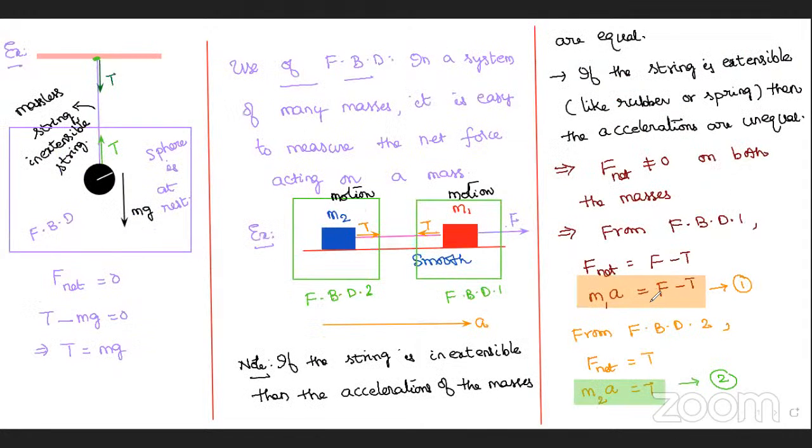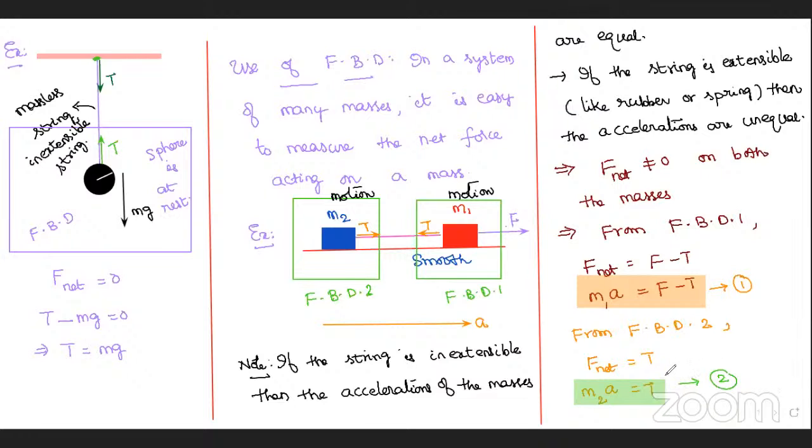What is the tension? Out of these 2, I can easily find the tension from the second equation. Why? Because straight away it is equal to T, whereas that is F minus T. So better I use the second equation.